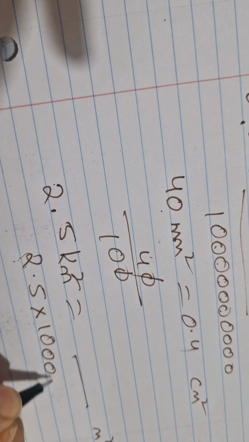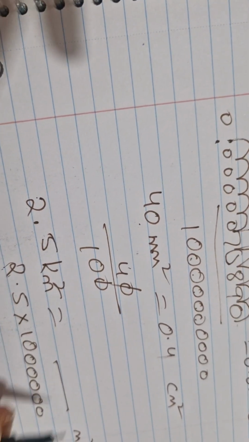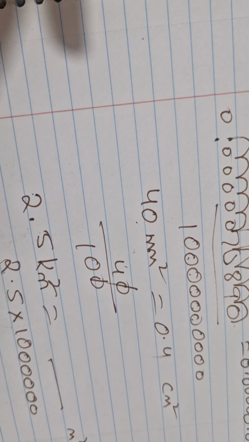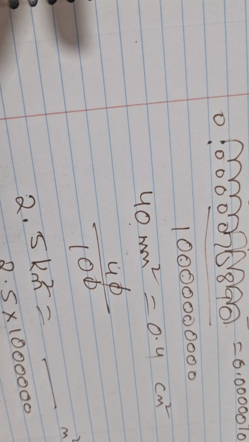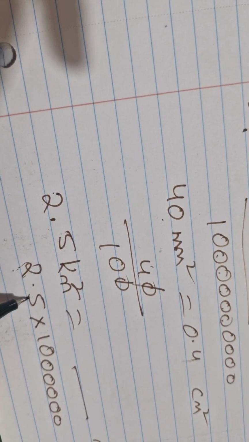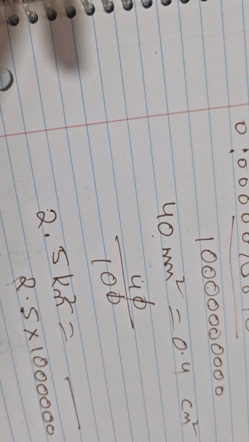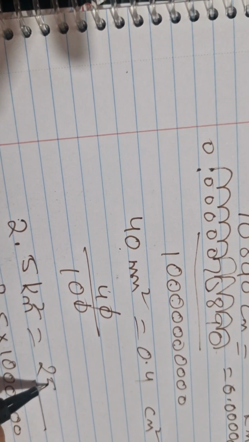When we are multiplying with decimal, you will shift your decimal towards right. So 6 times you will shift your decimal towards right. Now don't forget 5 is also there, so 5 occupies one space. So 1, 2, 3, 4, 5, 6. This is your final answer.